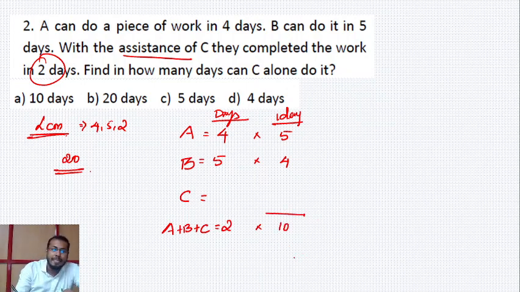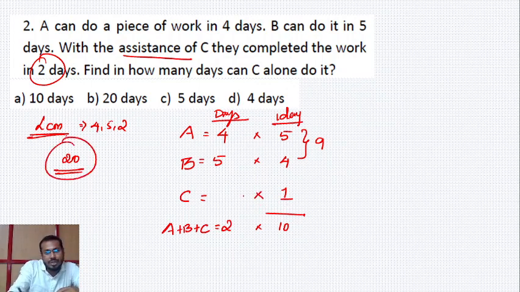So in a day, 10 chocolates were completed by A, B and C. In that, A and B completed 9 chocolates. So what is the remaining one? Remaining there is only 1 chocolate. It was definitely completed by C. Correct? So C can complete 1 chocolate in a day. Totally there are 20 chocolates, so it takes 20 days to complete the entire job. 20 is the right answer.